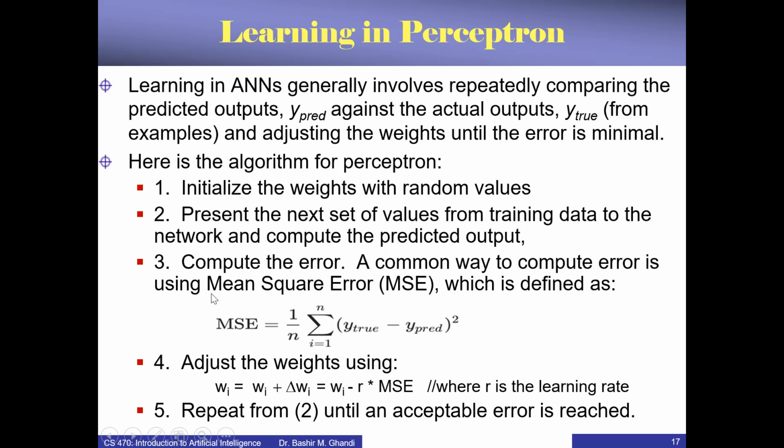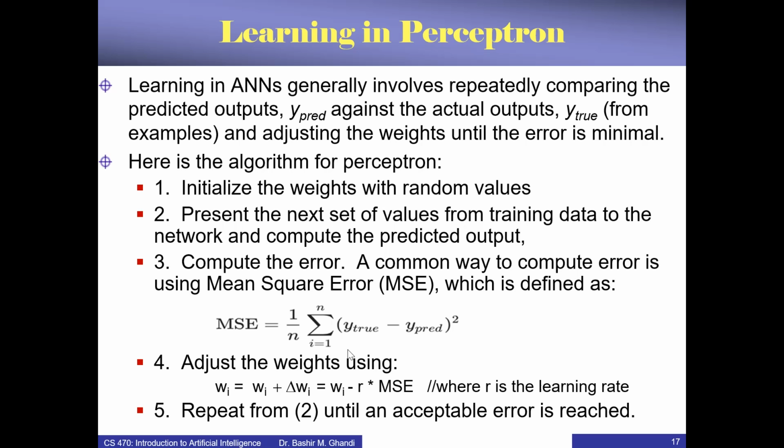You will see that as you repeat this process, the error will become smaller and smaller, and therefore your predicted output will be moving closer to your expected output. So you repeat this process until the error reaches a reasonable point, at which point you are confident that the network has learned the relationship between your input and the output, so that it will be able to work even if you now give it an input that is not inside your training data.